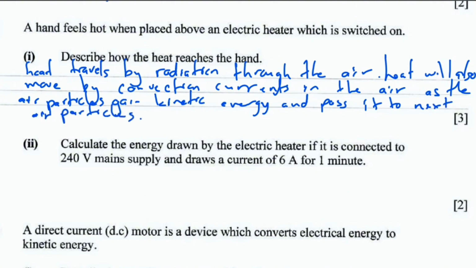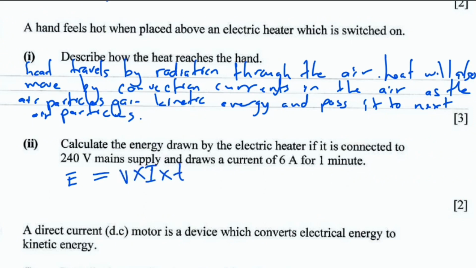Calculate the energy drawn by the electric heater if it is connected to a 240 volt mains supply and draws a current of 6 amps for 1 minute. The first thing that you have to know here is the formula for calculating the energy. The energy is found by calculating the voltage times current times time.